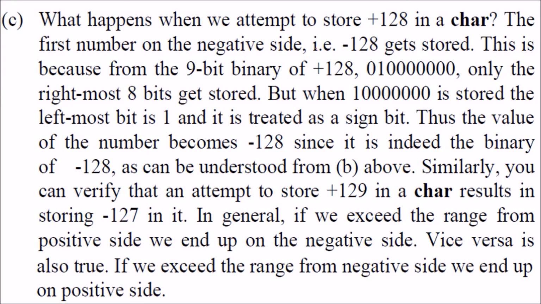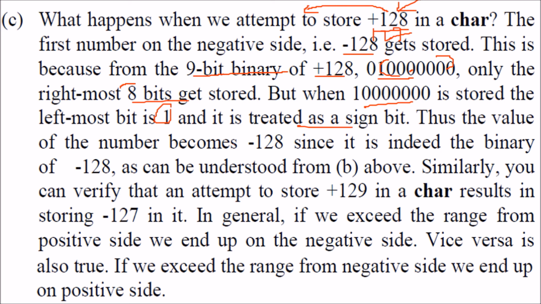And we have already seen in the program what happens if you attempt to store 128. We know that 128 is not there, only up to 127 we go. So it takes the negative side, it goes to minus 128. And this is why: from the 9-bit binary of plus 128, only the rightmost 8 bits get stored. When this part is stored, the leftmost bit is 1, and it is treated as a sign bit.